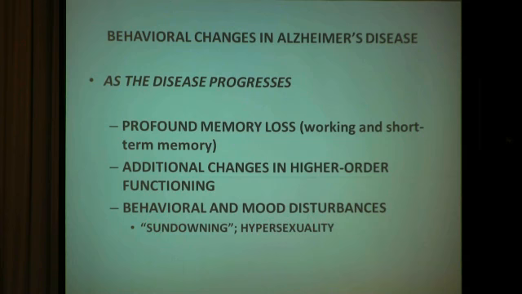Hypersexuality, in my opinion, is one of the most difficult phases that Alzheimer's patients go through. Not all go through it, but many do, and it can be short-lived, but nonetheless is traumatic for the caregiver and traumatic for other people who know them. So imagine you're a teenage boy and your father has Alzheimer's disease.